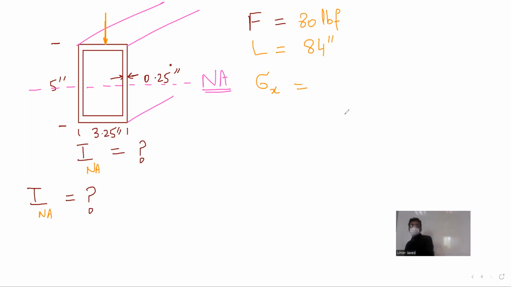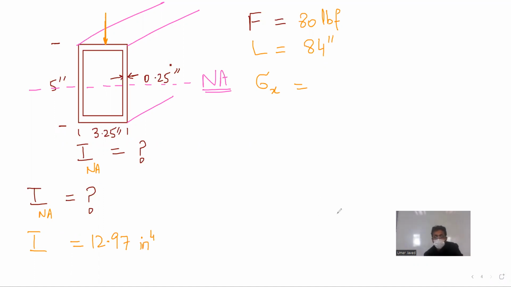Is it 12.97? Moment of inertia. Very good. You did very quickly, by the way. So this is I about neutral axis is 12.97 inch power 4.